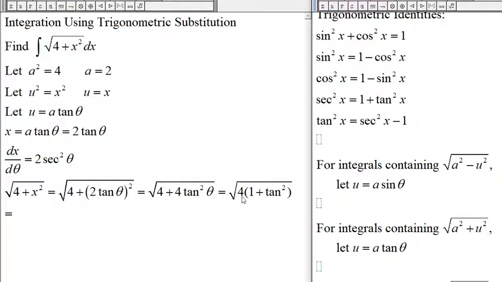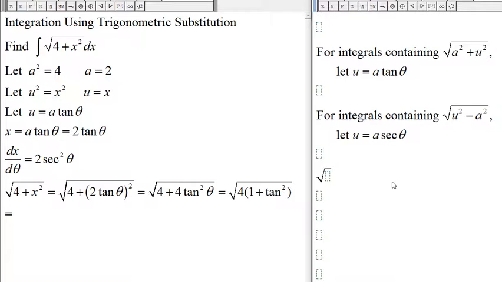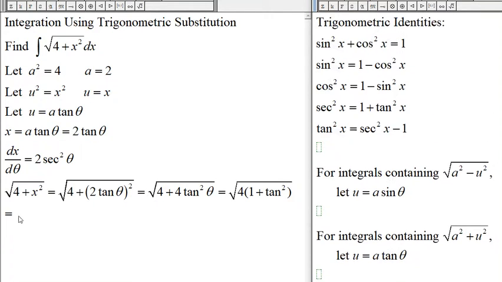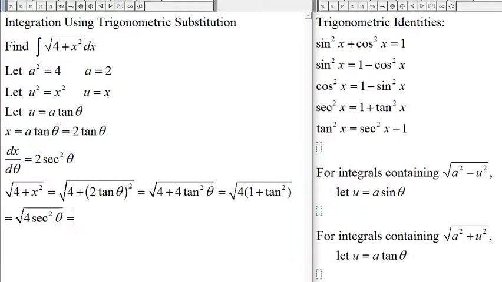So this becomes 4 secant squared. This is 2 secant theta.